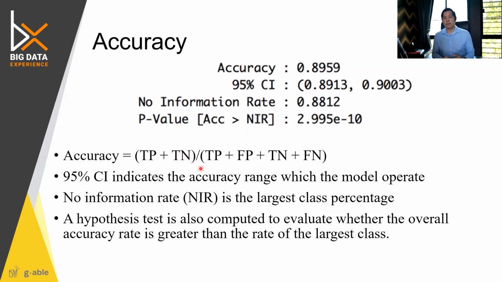But sometimes you have a skew class. What does that mean? In a skew class situation, you may have the proportion of the classes be like 0.9 and 0.1 for the no class and the yes class. This is a skew class situation.